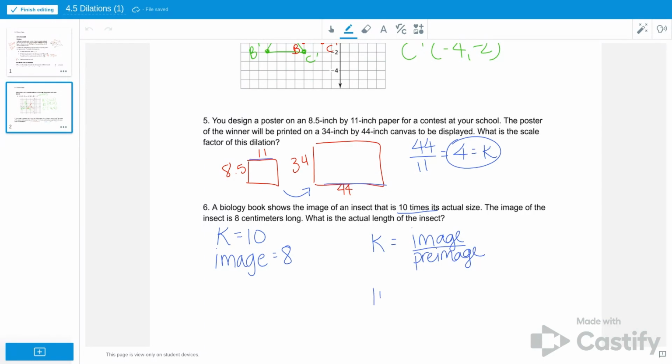So our K is 10, our image is 8, and then we don't know what X is. And so you would solve for X. So you would multiply by X and then divide by 10. Okay, it's not letting me divide by 10, but you guys get the idea. X equals 0.8 centimeters long.